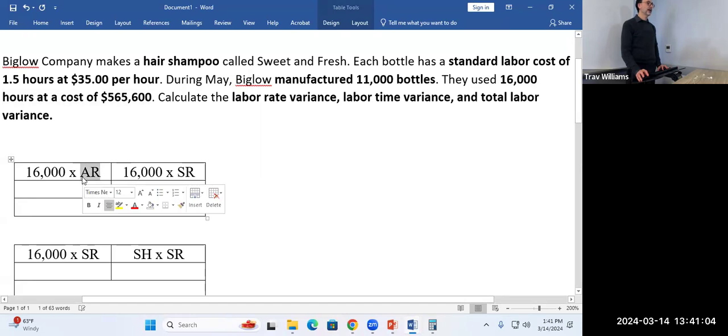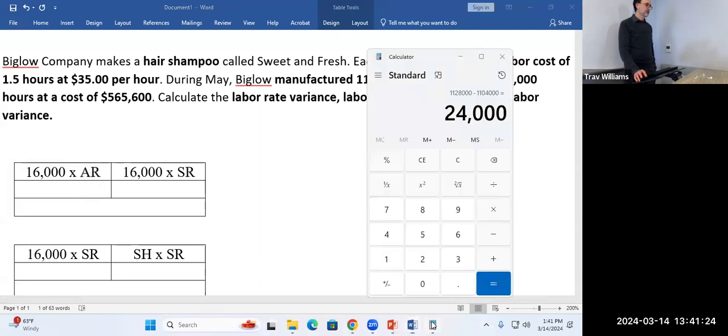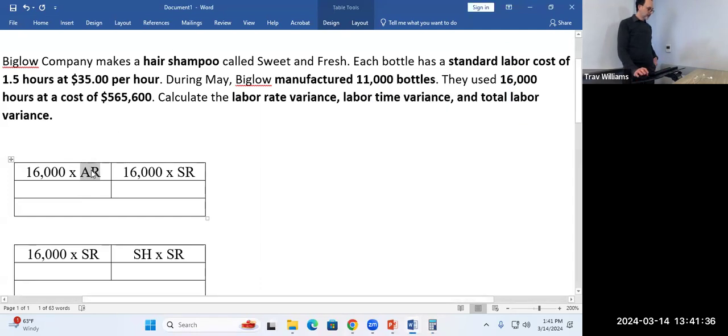Then actual rate. What is our actual rate for labor? We have to calculate that one. How do we figure out our actual rate? Yep, that's right. So we take the actual labor cost that they gave us, divided by the actual number of hours. And we see 35.35 was the actual labor rate.